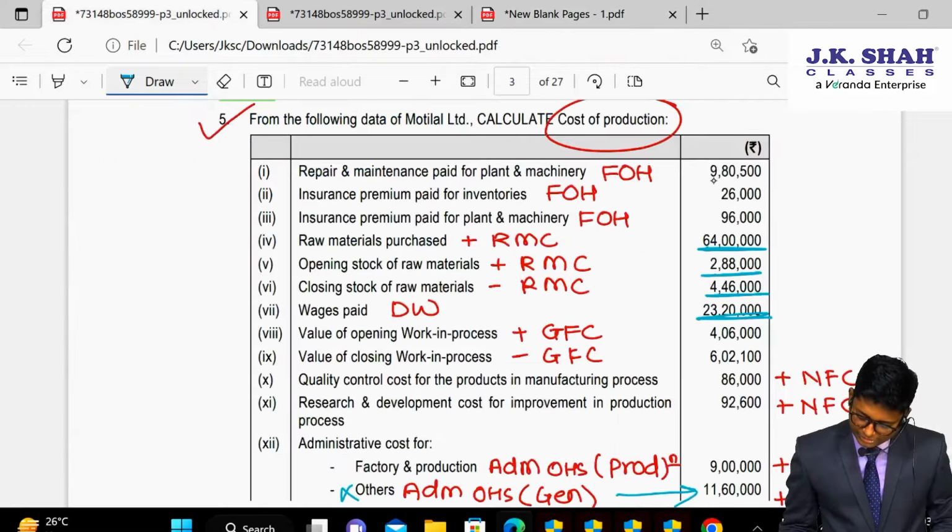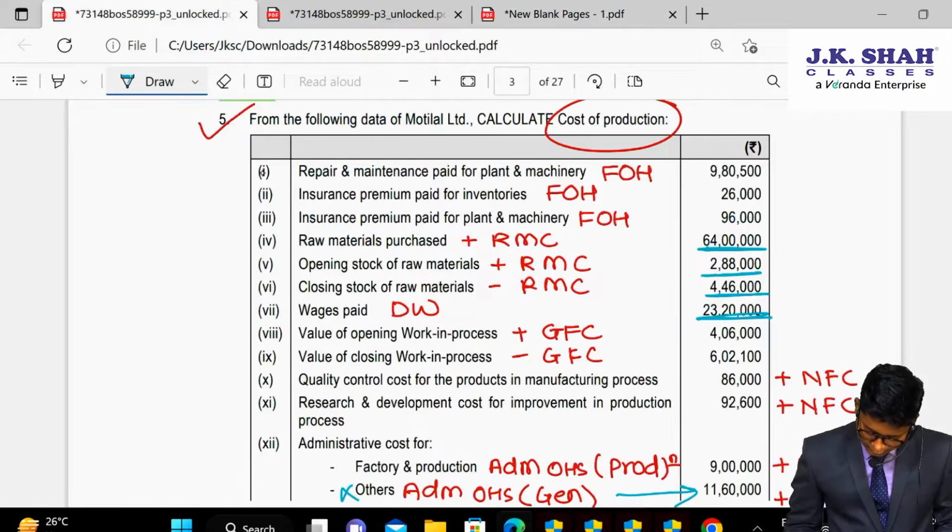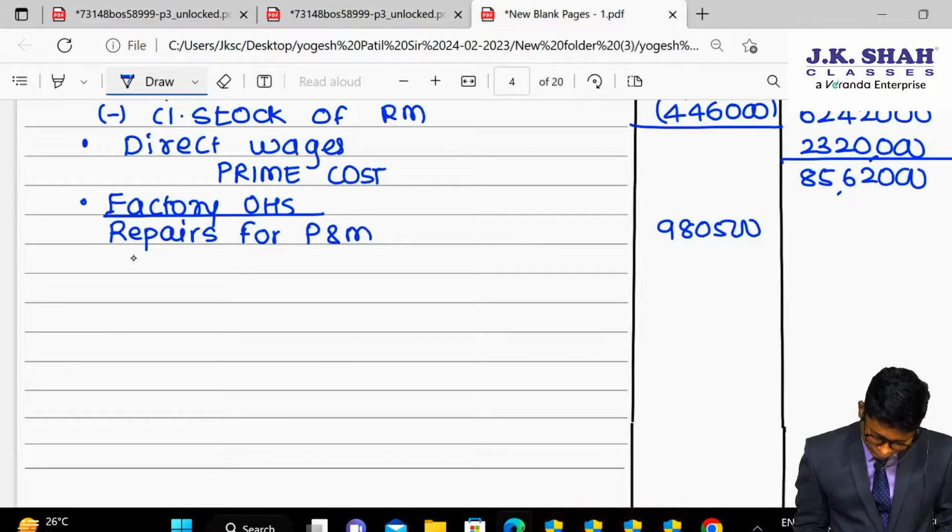The amount is 9,50,000. Next is insurance paid for inventories 26,000.